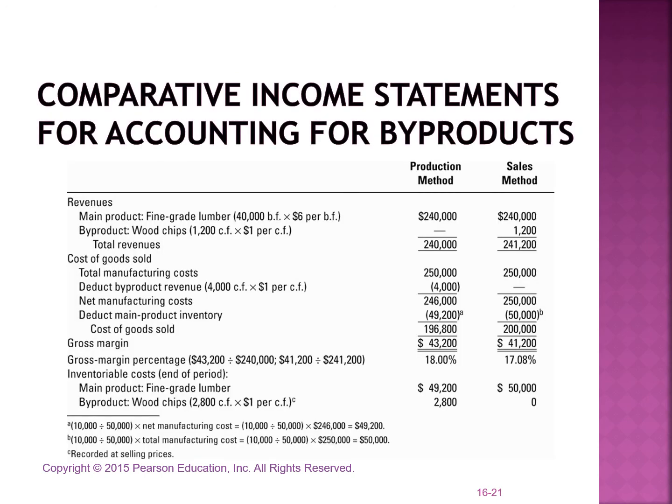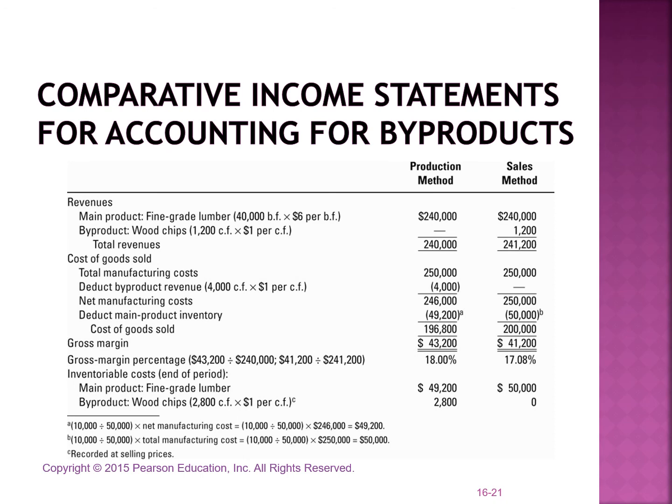These are the two methods, as you can see here. This is the revenue: main product, fine grade lumber for example, and the by-product. In the sales method, we consider a sales value for it, but here we didn't. And we will have the total revenue. Then the cost of goods sold, total manufacturing cost is 250 and 250. In the production method, I consider it as a deduction from cost, so this is why I subtracted it from the total manufacturing cost.